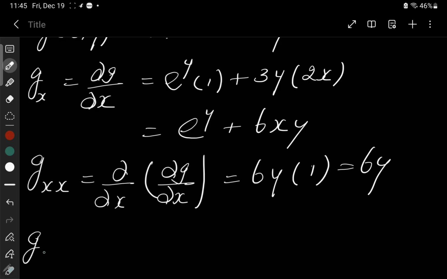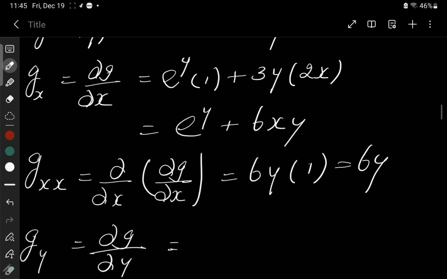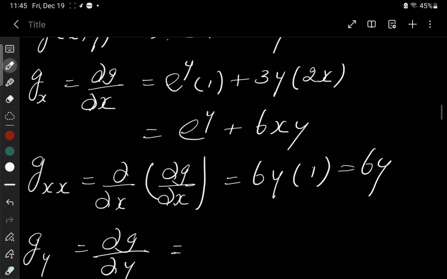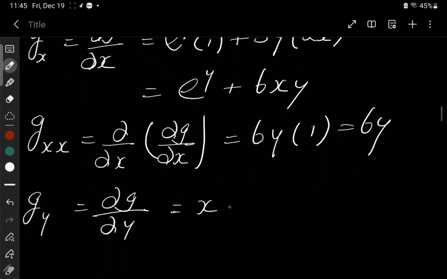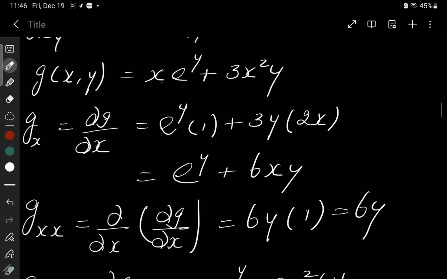Next find gy, dou g by dou y. Differentiate g with respect to y, x e power y. X constant, if you differentiate e power y, you will get e power y, plus 3x squared constant. If you differentiate y, you will get 1.